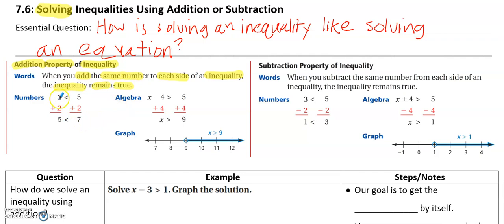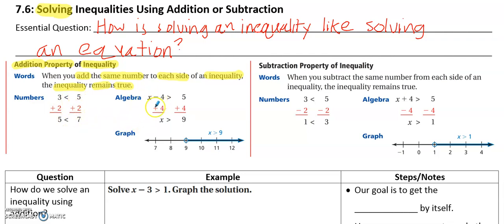So for instance, is 3 less than 5? Yes. Remember, the less than sign looks like the L, L-E-S-S. If I add 2 to the left side and the right side, I get 5 is less than 7. Is that also true? Yeah, same as 3 is less than 5.